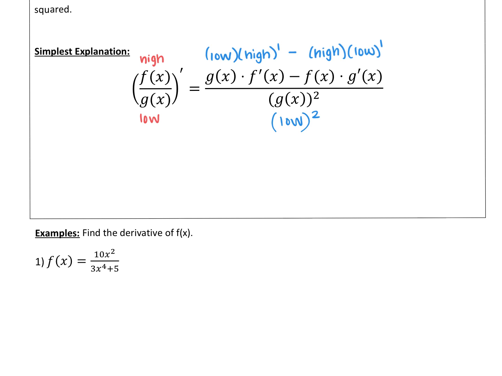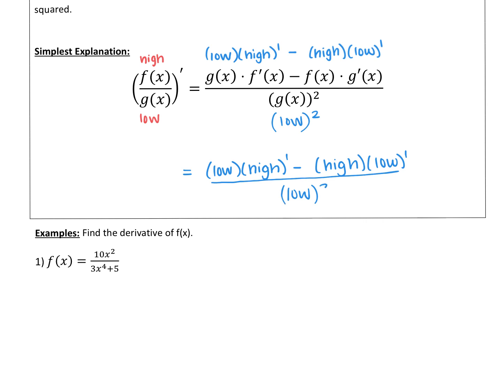So if you want to write it one more time, it's going to be low times d high minus high times d low, all over low squared. So that's the derivative of f of x divided by g of x.